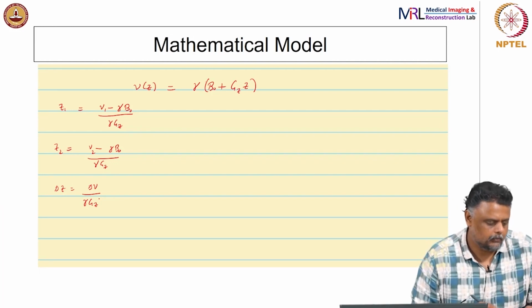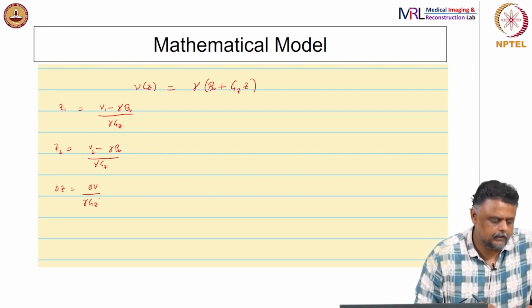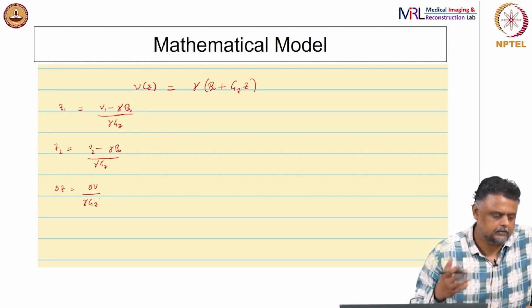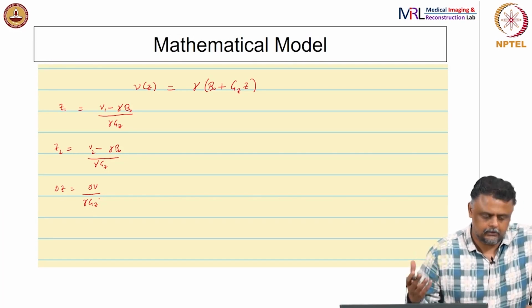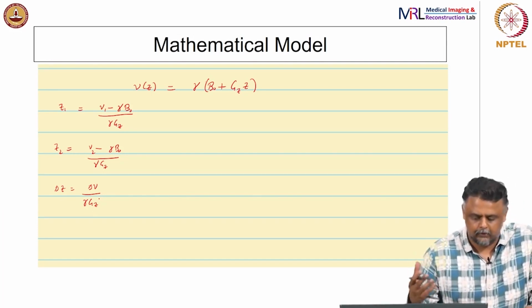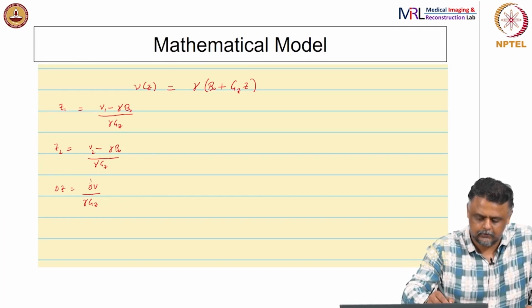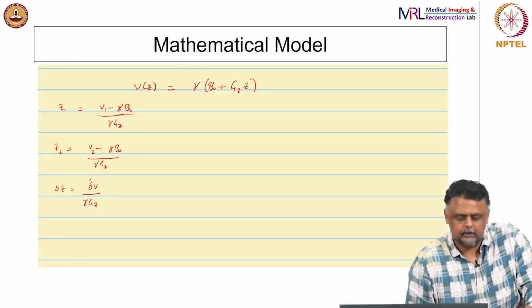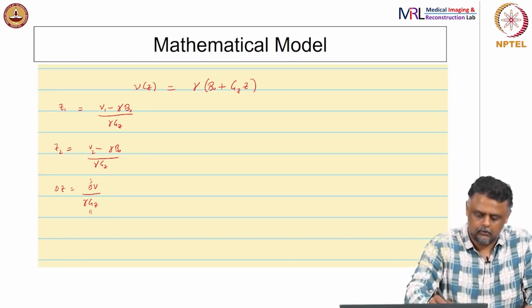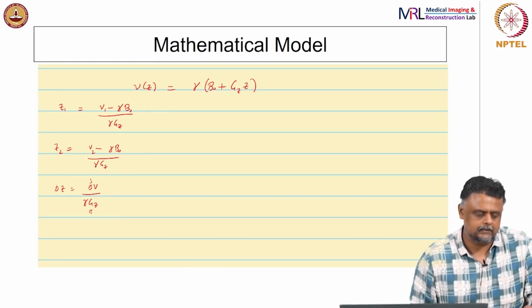So, this is the expression that tells you how we can determine slice thickness: by figuring out this delta nu as well as your Gz, you can set the slice thickness.